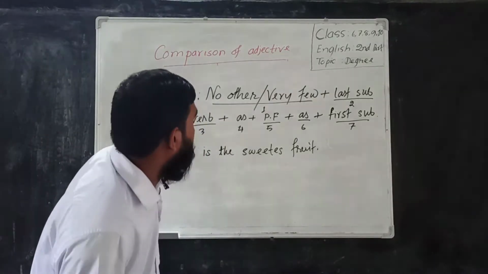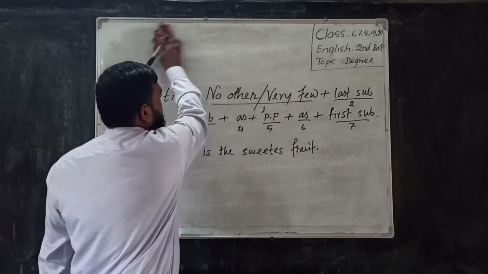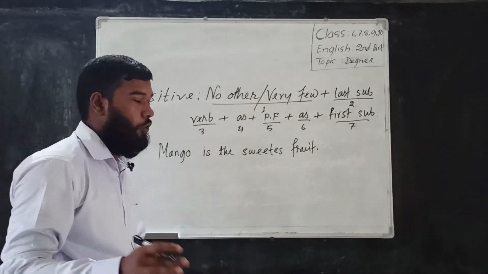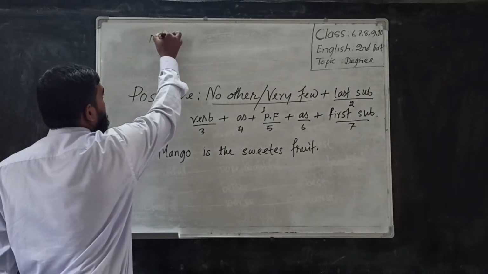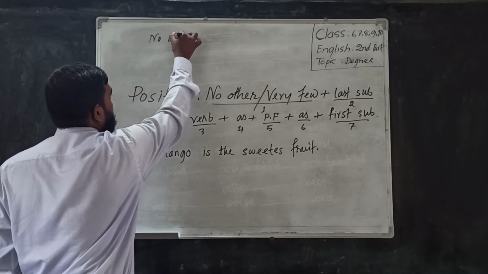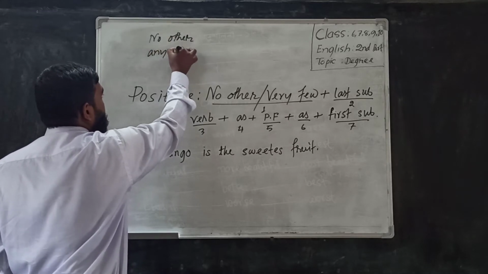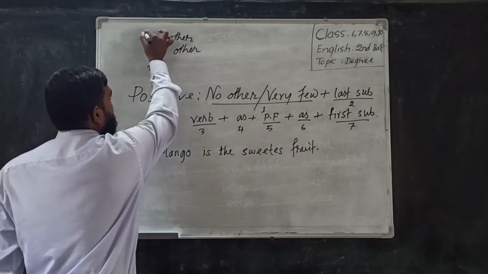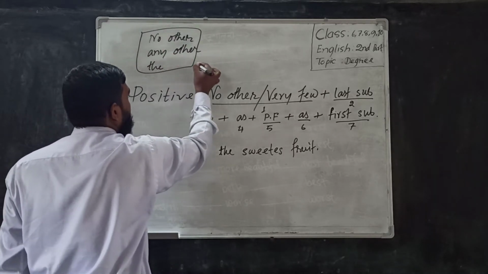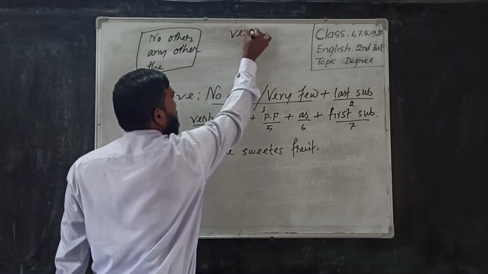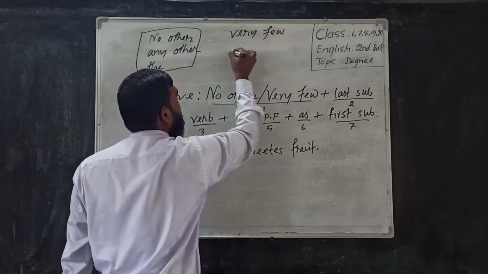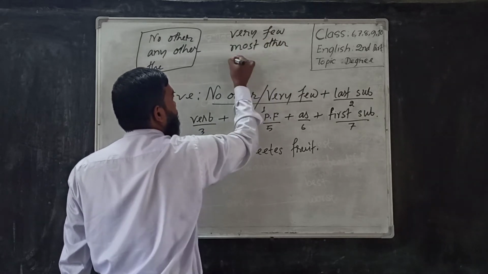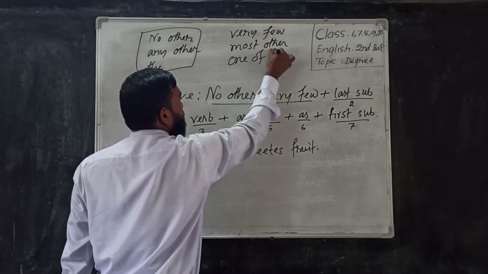I'm writing here two groups. I will give you two groups. No other, any other, the. It's one group. Very few, most other, one of the.